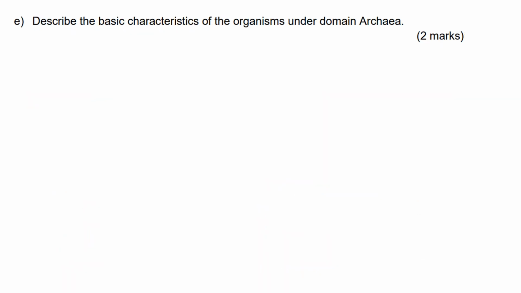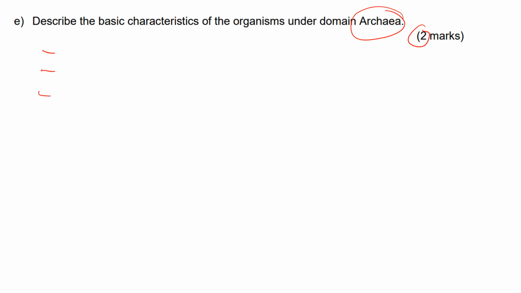Question E. Describe the basic characteristics of the organisms under the domain archaea. Like I have mentioned before, archaea are prokaryotes. The question was 2 marks, so you have plenty of characteristics of archaea that you could list down. First, they are prokaryotes. Because they are prokaryotes, they are unicellular, so you get 2 marks already.